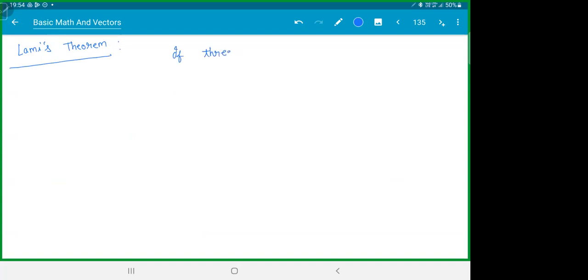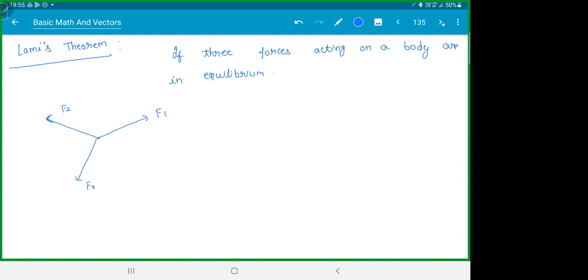If 3 forces acting at a point are in equilibrium, then, let's say we have a force F1, F2, let's say F3.